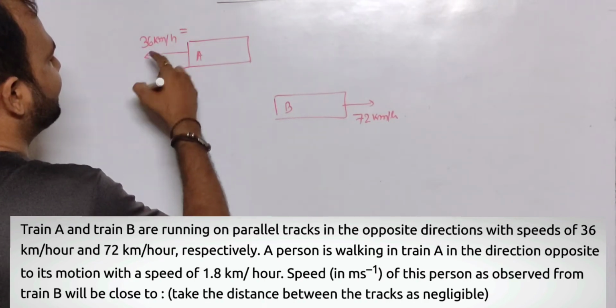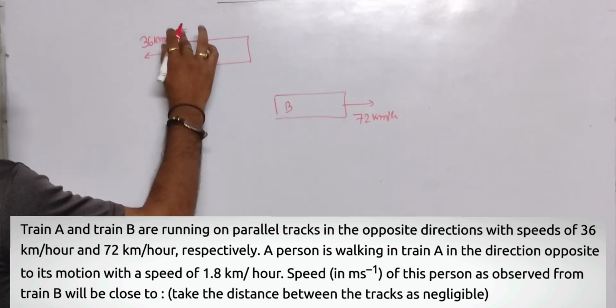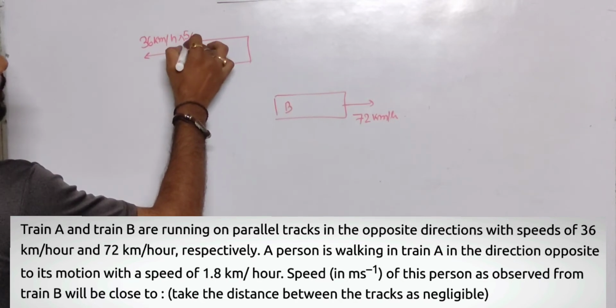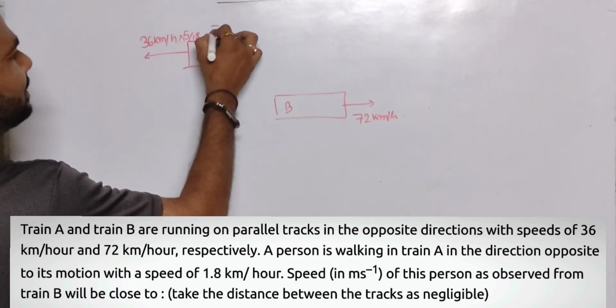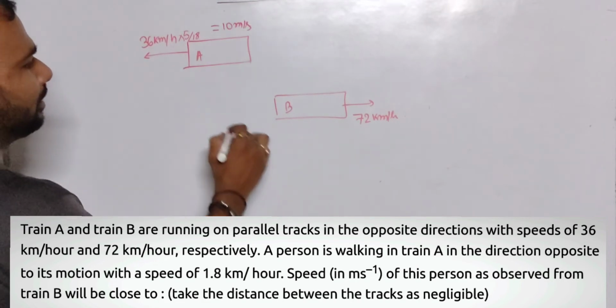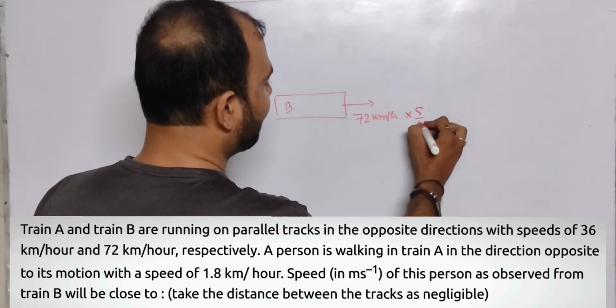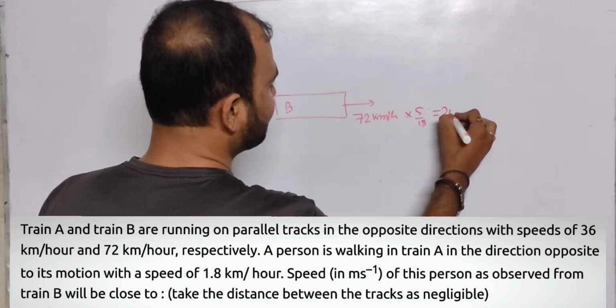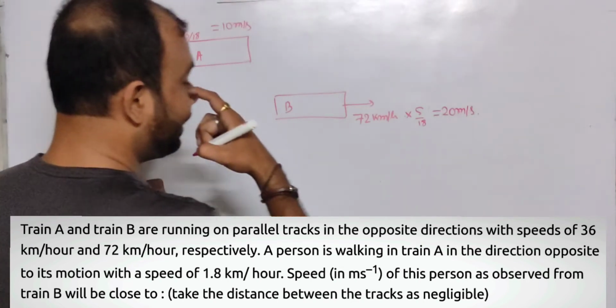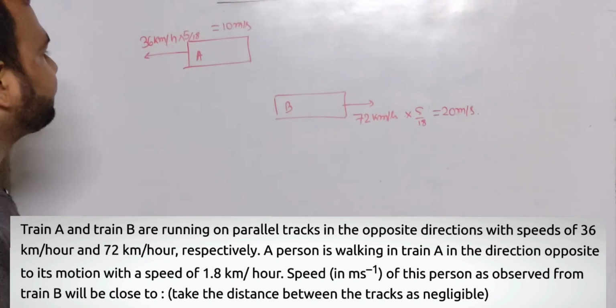We can convert this into meters per second by simply multiplying with 5 by 18. That means 10 meters per second for train A and 20 meters per second for train B. Okay, fine.